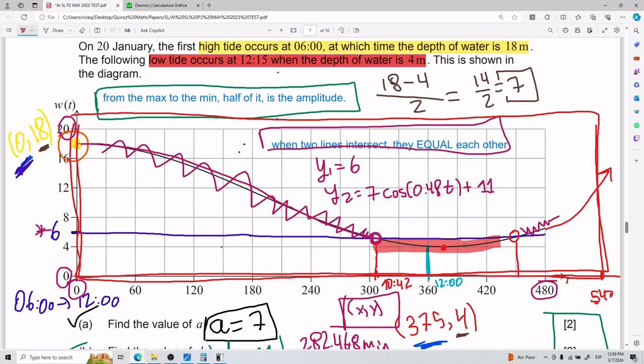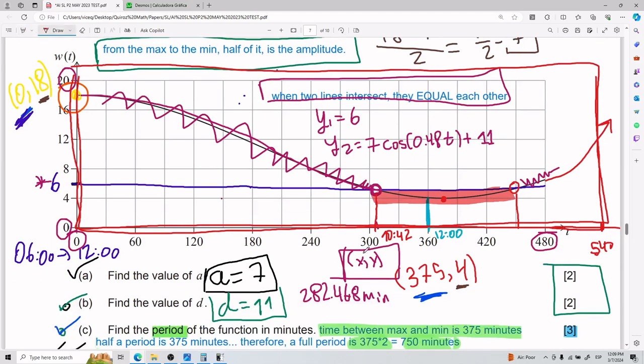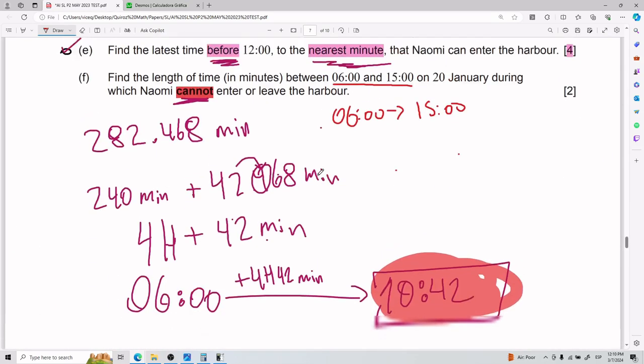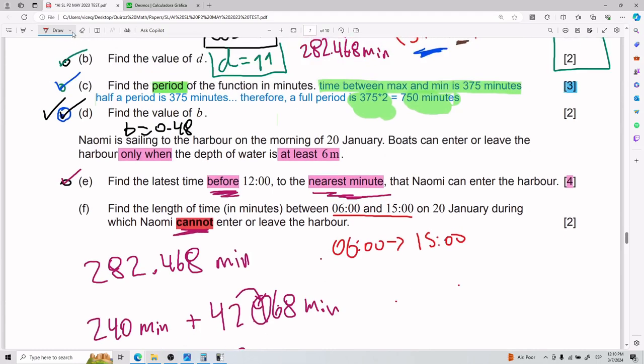If I find the intersect on the left, which I just did in part E, which is 10:42, then whatever time is here is going to be my length of time. Once again, watch how the AB likes to do it. Part F needed something from part E. It's not always the case, but today it was.